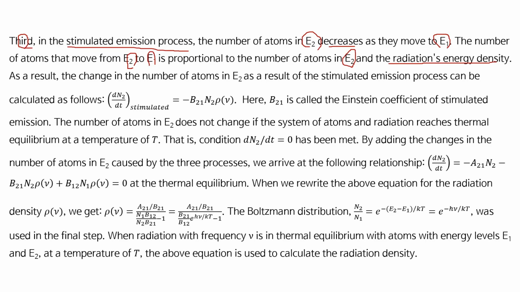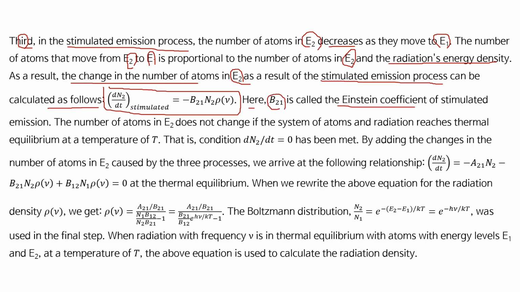As a result, the change in the number of atoms in E2 as a result of the stimulated emission process can be calculated as follows. So this relationship here, B21 is called the Einstein coefficient of stimulated emission.